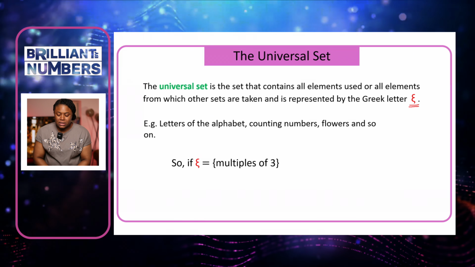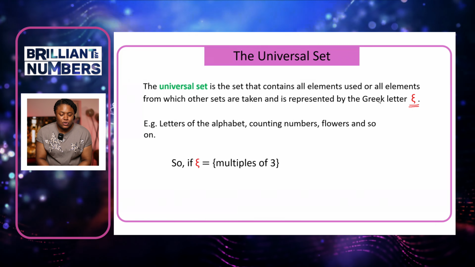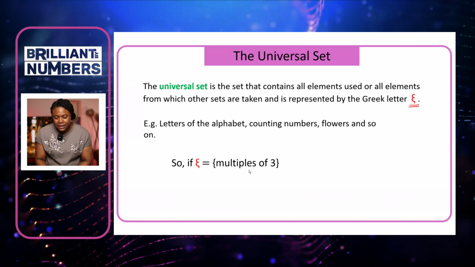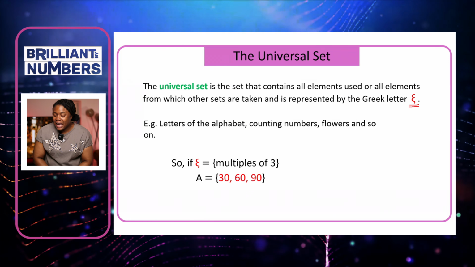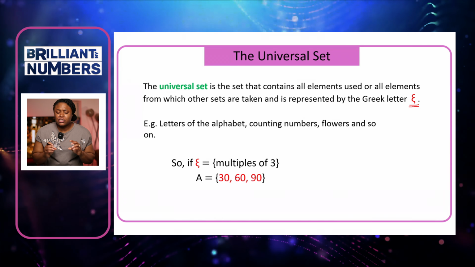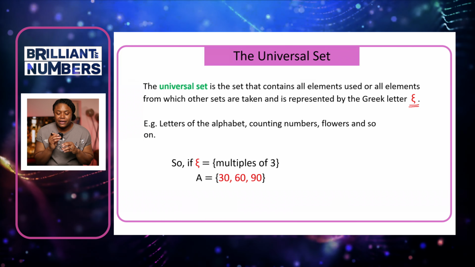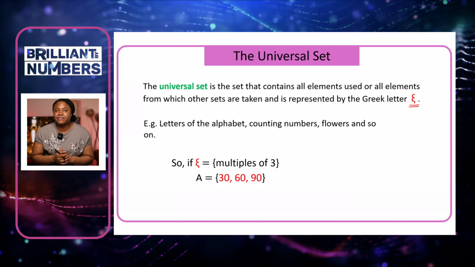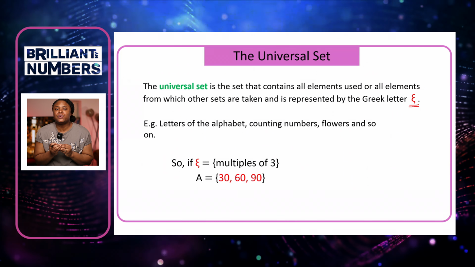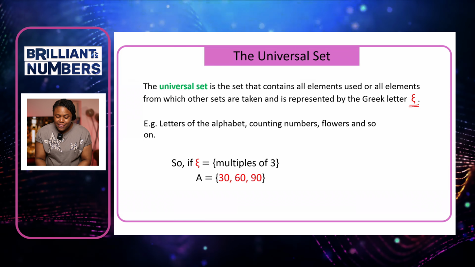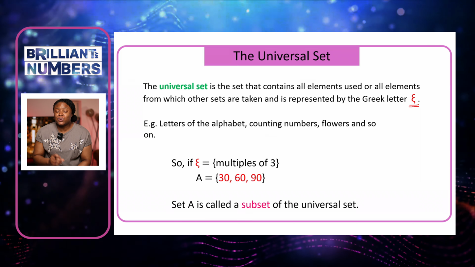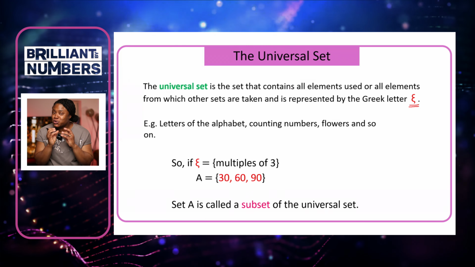So let's look at what this means. If the universal set, for example, is equal to multiples of 3, and I have a set A, which is 30, 60, and 90, those are just a few of the multiples I could get from the entire universal set. When I pick a smaller set out of the universal set, that set is called a subset of the universal set.